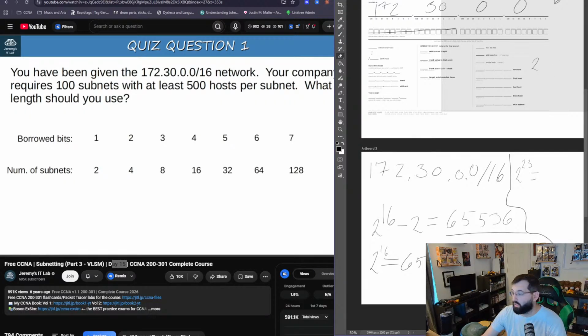So what he's doing is, and I'll do it like this so that way we can move it around, let's make a big fat marker here. So this is where we are right now. And then he's borrowing 1 bit, then 2 bits, then 3, 4, 5, 6, then 7 bits, which puts us right here.